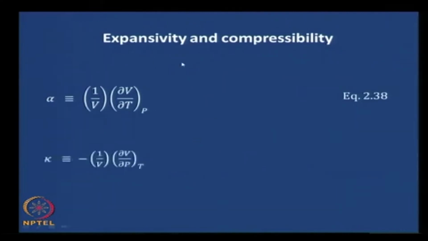Compressibility, which is given the symbol kappa, is defined as ∂V/∂P at constant T, the variation of specific volume with pressure when the temperature is held constant, again normalized with respect to specific volume, and the negative of it. Let us call this equation 239.